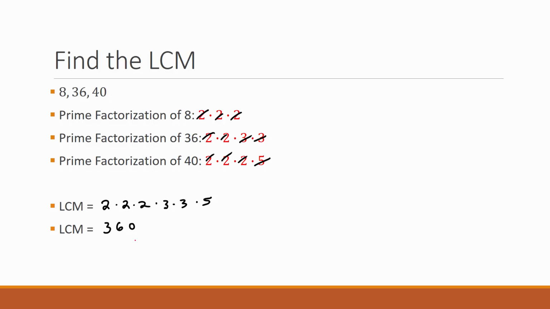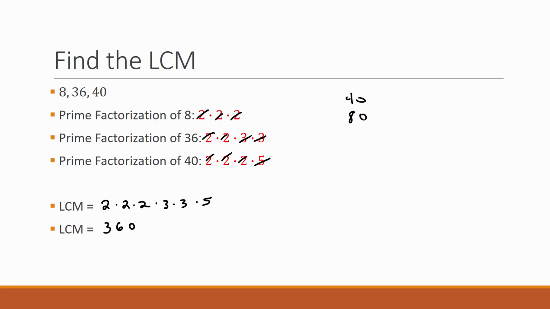Now, the second method that you could use is to list the multiples of the largest number until you find the number that the other two numbers will go into. For example, if I start off with 40, 8 will go into 40, but 36 will not.